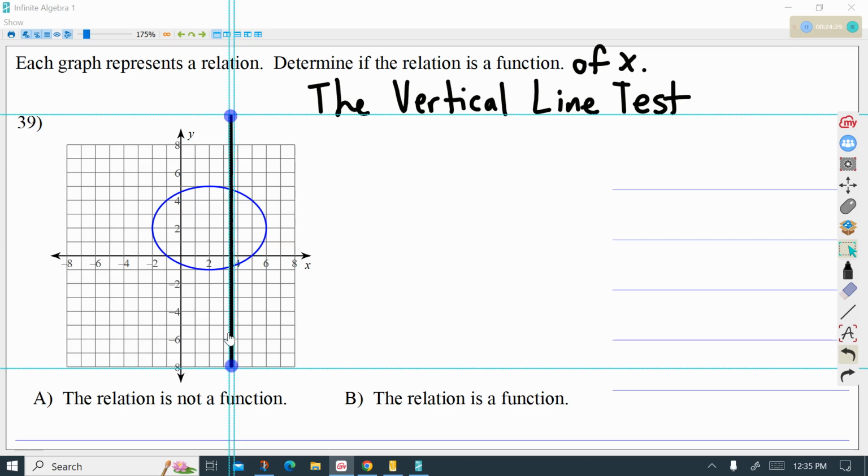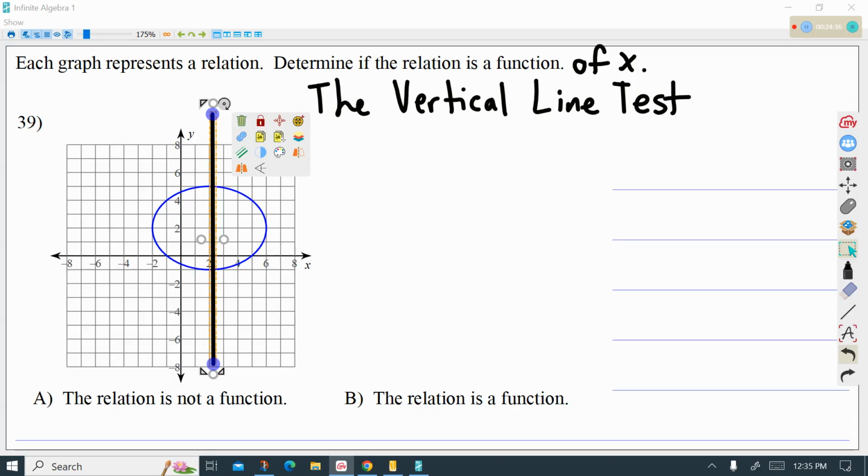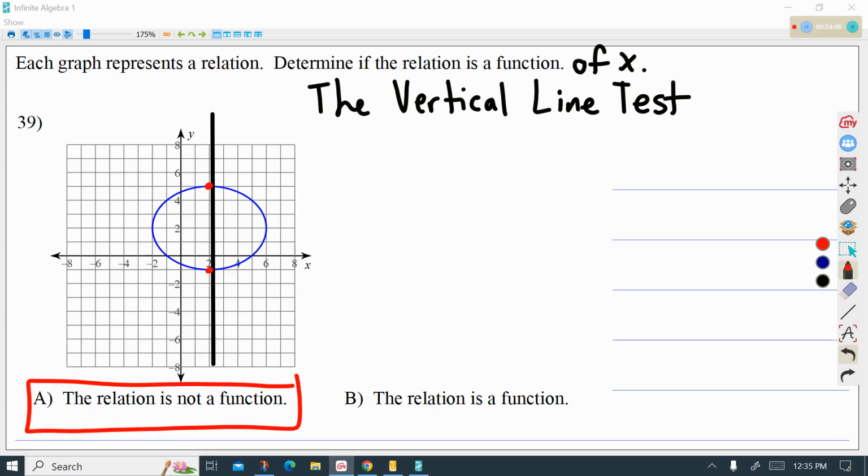Does this vertical line cross the blue oval in more than one place? It does, right? You can see that this vertical line is crossing the oval in these 2 places. Because of that, I can say it's not a function.